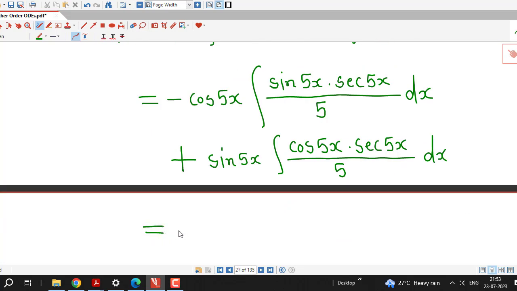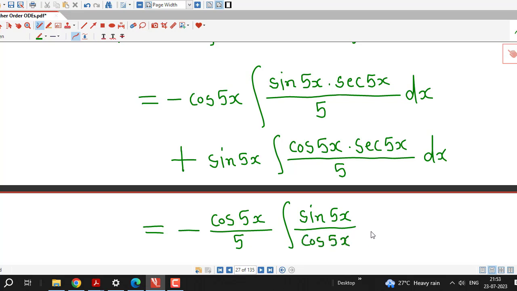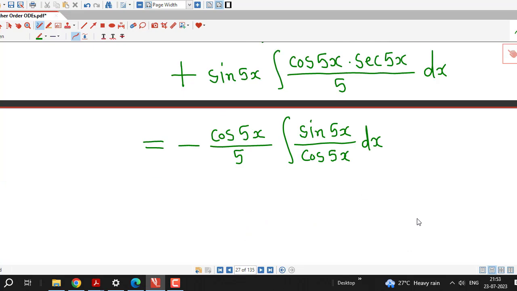And now in the next step we take 1 by 5 outside the integral, it is independent of x, and sin 5x into sec 5x, that I can rewrite as 1 over cosine of 5x, integral with respect to x. Here also I can take 1 by 5 outside the integral, it is constant or independent of x, sin 5x divided by 5, and this sec 5x is 1 over cos 5x.